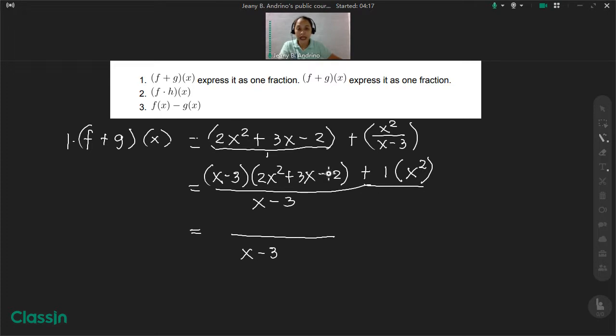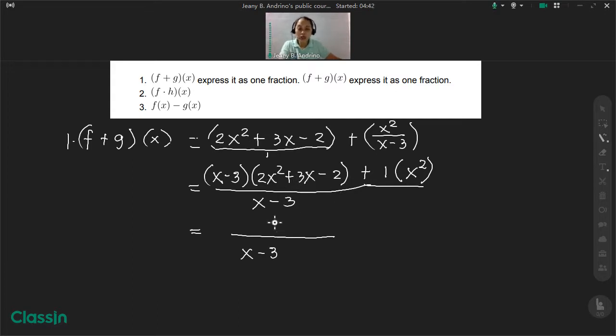This is multiplication. So in multiplying, this is a binomial. This is a trinomial. When you say nomial, it's in terms. Terms are your variables or numbers that are separated by a plus or a minus. So this is a binomial because you have two terms. This is a trinomial because we have three terms.